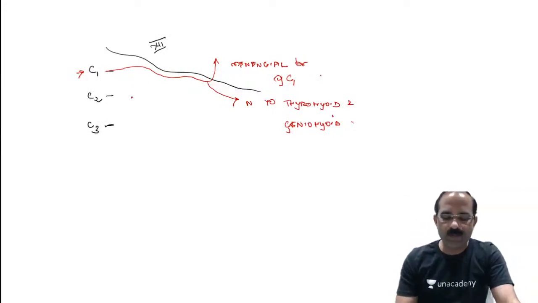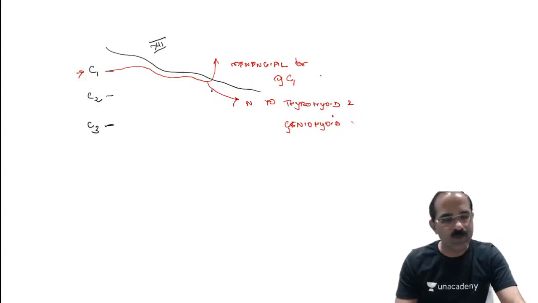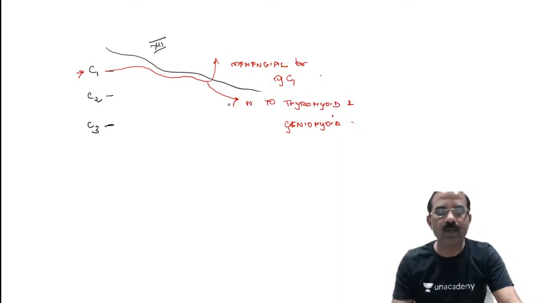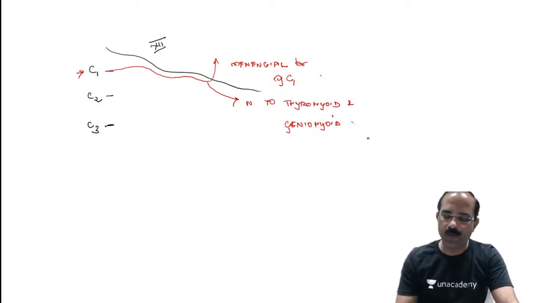So, fibers of C1, they go with the hypoglossal nerve. After a short distance, they leave the nerve as one, the meningeal branch of C1. Second is the nerve to thyrohyoid and geniohyoid.